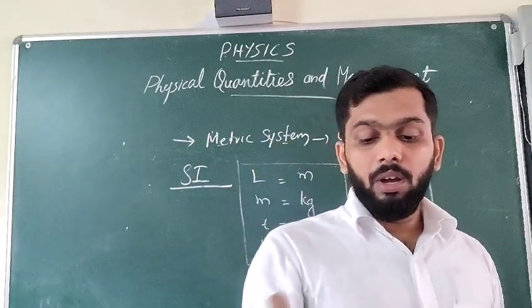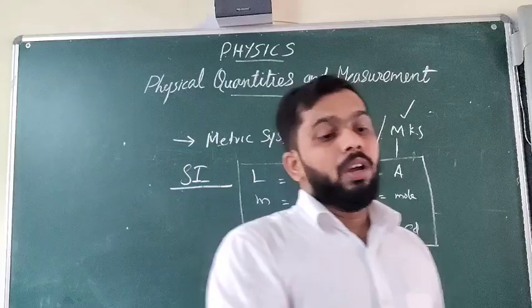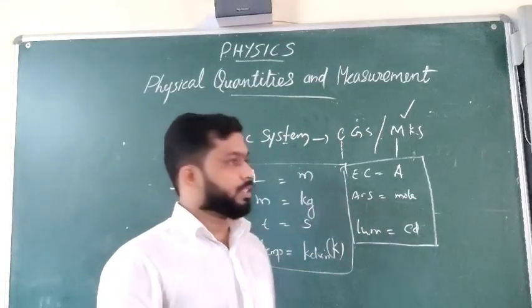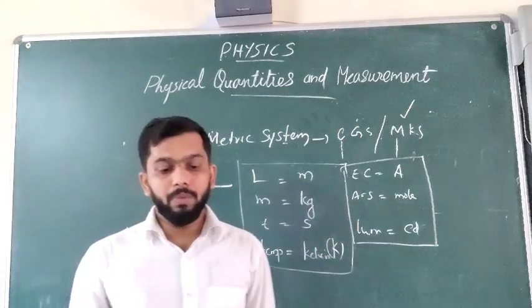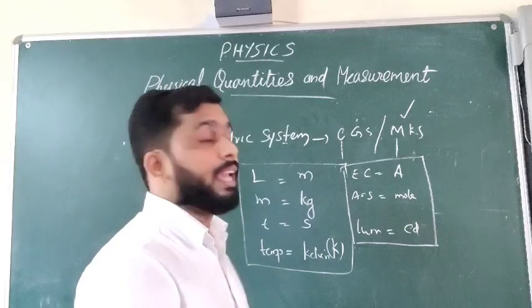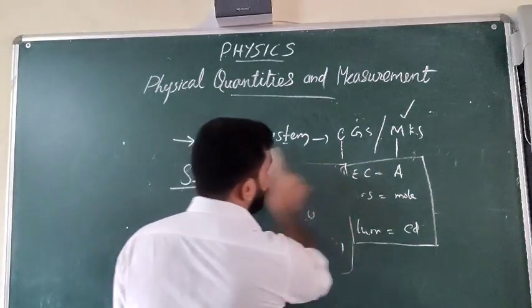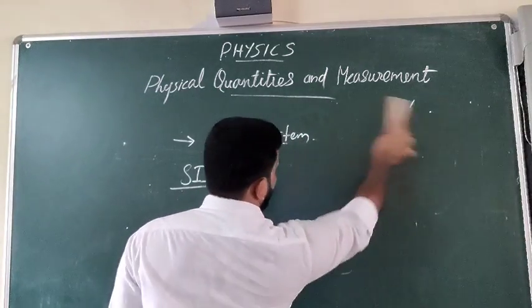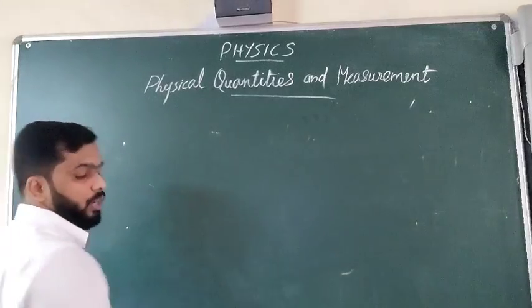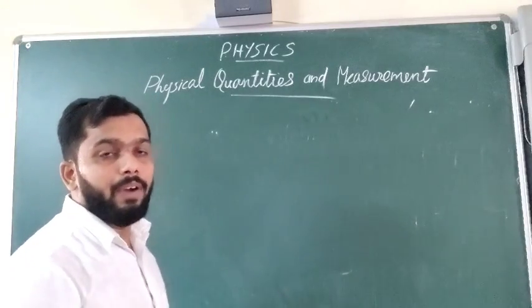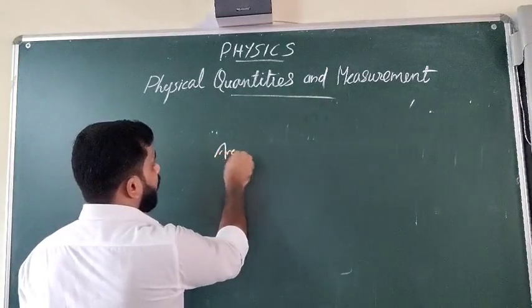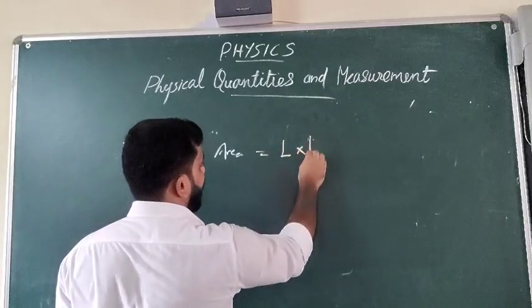Now, moving to the next step: units of derived physical quantities. This was the fundamental physical unit. Now, how can we measure the units of derived physical quantities? If I want to measure area, I need length into breadth.